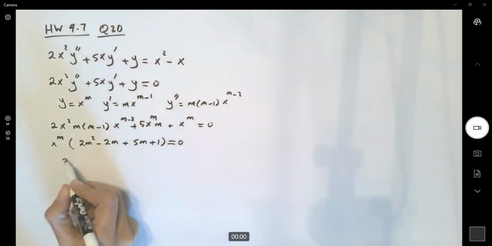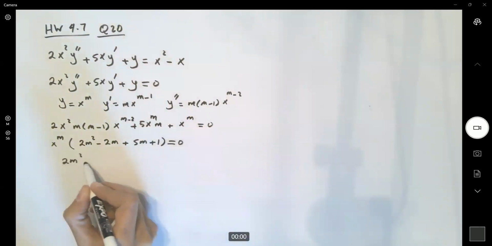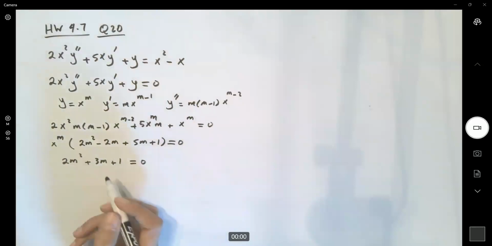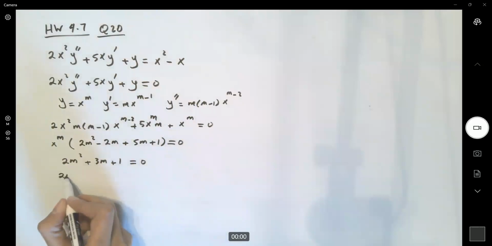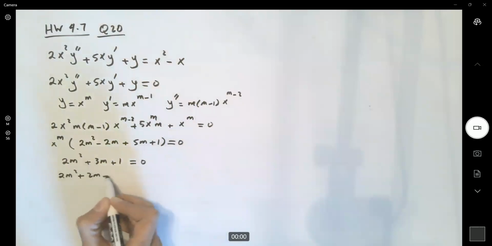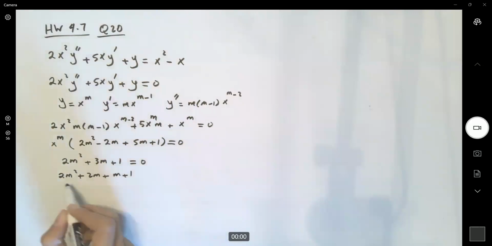So your auxiliary equation is 2m squared plus 3m plus 1 equal to 0. As you can see here, you can just use grouping: 2m squared plus 2m plus m plus 1, and you get 2m(m plus 1) plus (m plus 1) equal to 0, and then factoring out m plus 1 gives you (2m plus 1) equal to 0.